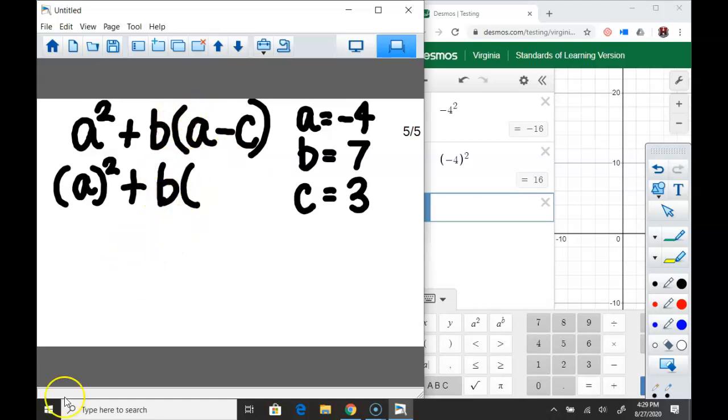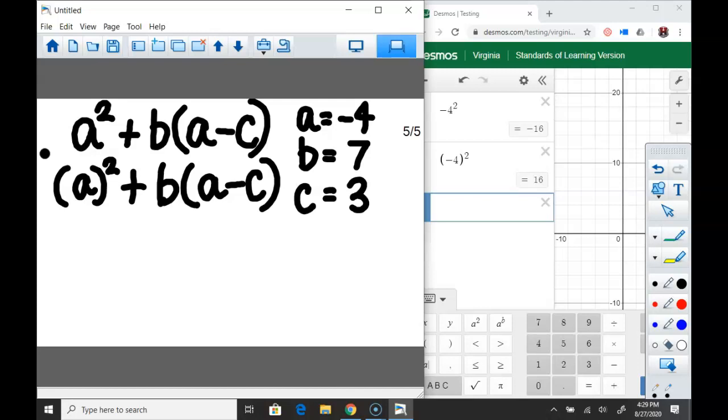So b times, the parentheses are already in the problem. I don't need to add them. And then a minus c, subtracting is not such a big deal. I don't need to add any parentheses there. So here's the moral of the story. You need to add parentheses when there's an exponent and when there's multiplication. Those are the times that parentheses need to be added.